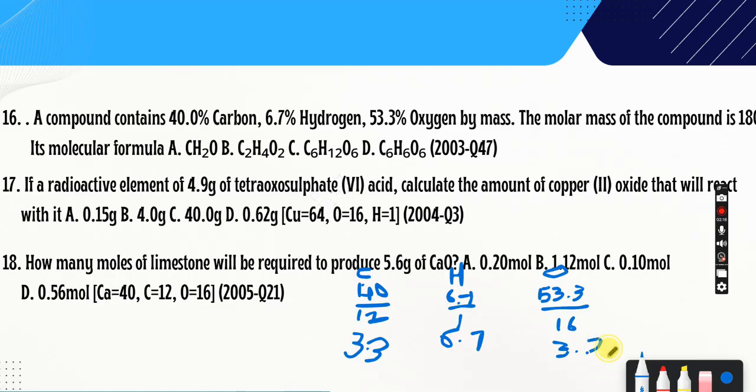So dividing through by the smallest, which is 3.3, we divide this one also by 3.3, and this one also by 3.3.